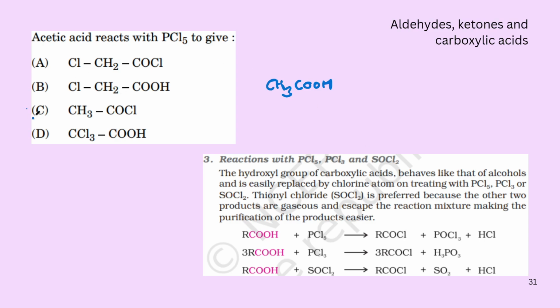So that's why the answer is option C, which gives us CH3COCl, where CH3 is the R group, CO, and then Cl. Again, this is under the various chemical reactions related to carboxylic acids.